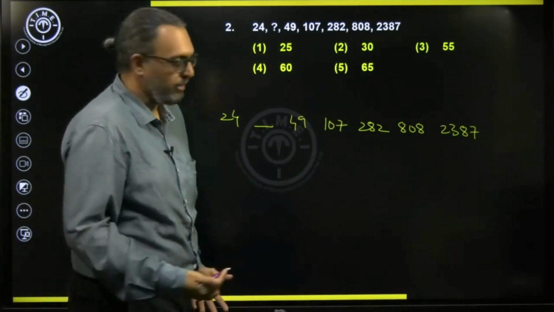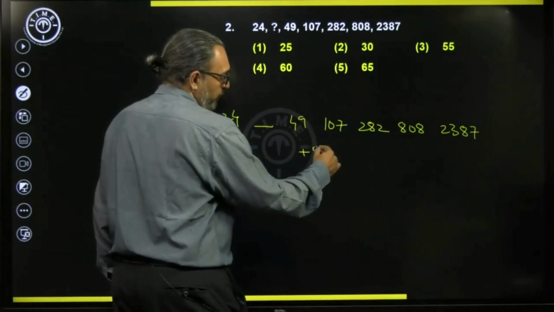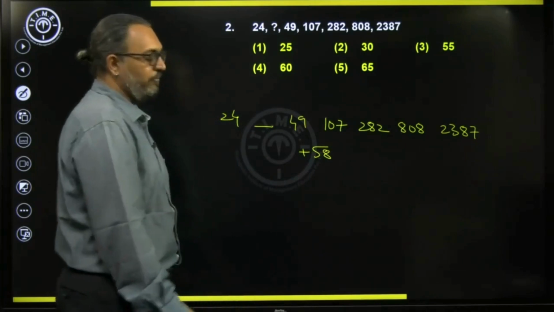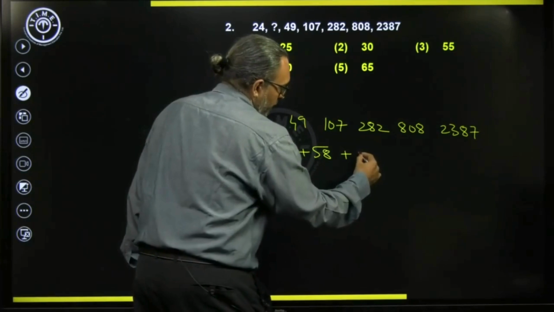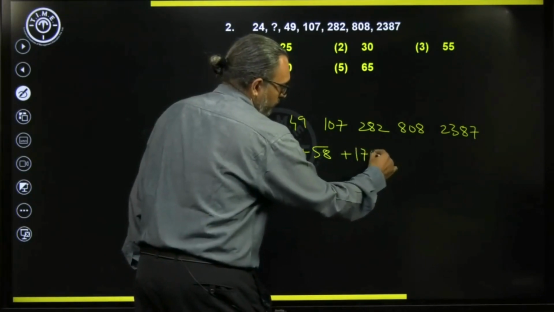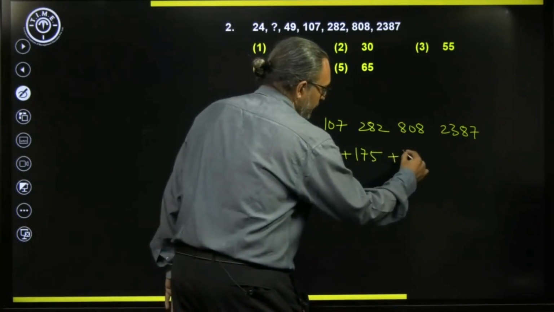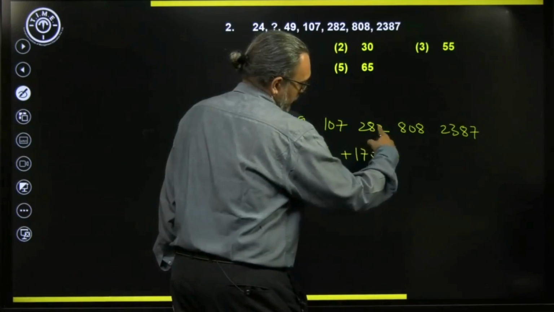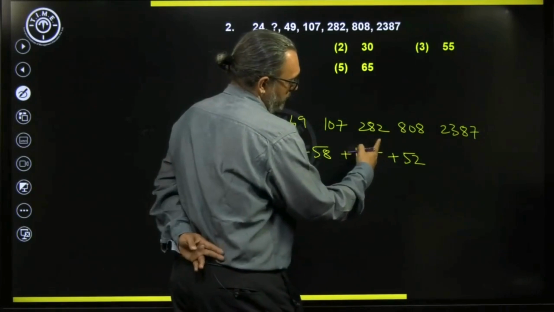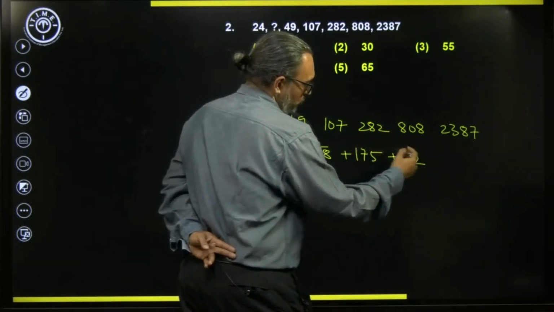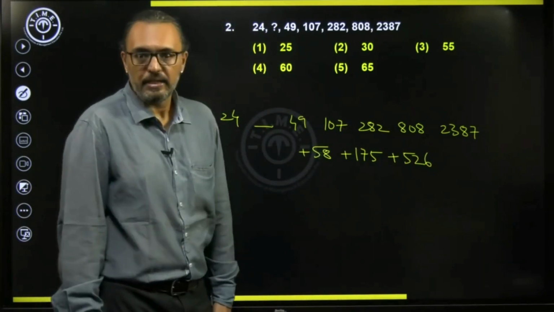Let us take addition. So we'll start from 49. Here if I take addition, I am going to get 58. Correct. And then from here to here I am going to get 175. And then here I am going to get 520. And then 526 you add to get 808.